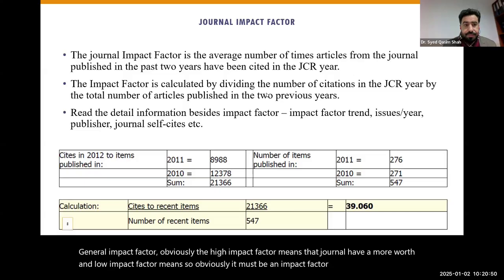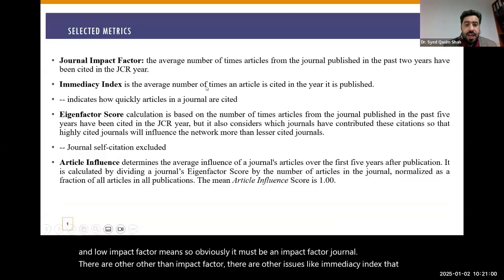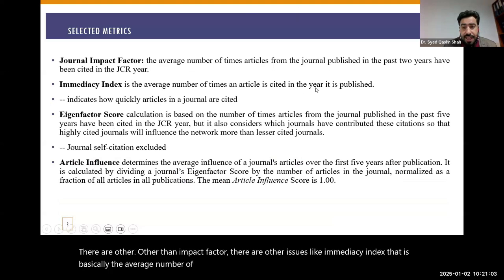Next, other than impact factor, there are other measures like the immediacy index. That is basically the average number of times an article is cited in the year it is published, right?